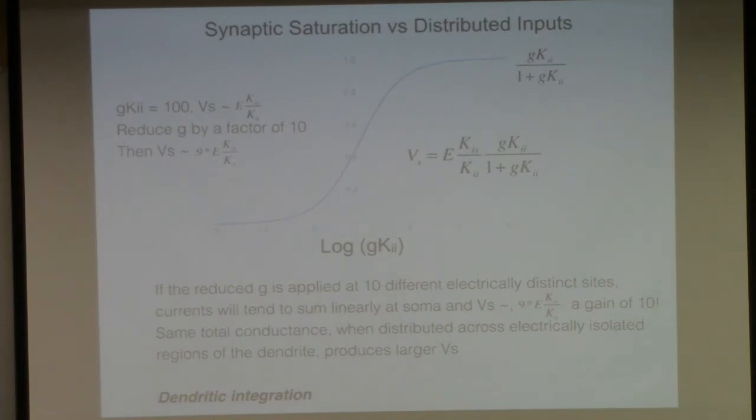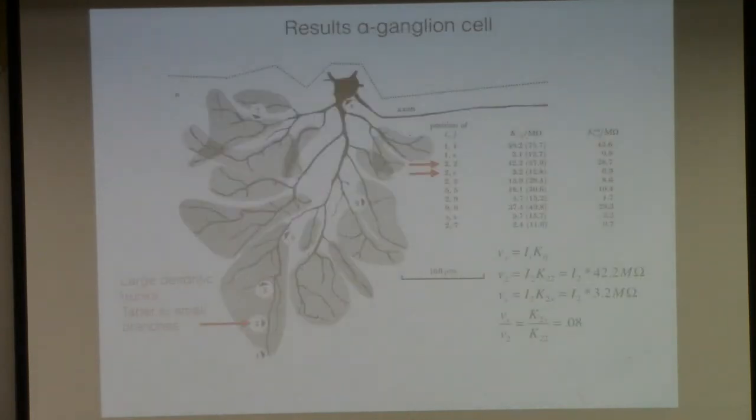So more reliable firing because a larger, superthreshold depolarization is produced at the soma. So again, integration, and the idea is that spatially distributing inputs is more effective than confining those inputs to the same spatial location.